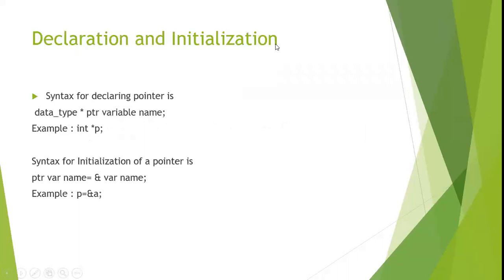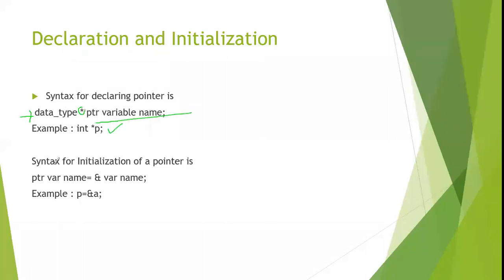Now, how do we declare and initialize the pointer? The declaration says data type, asterisk symbol, pointer variable name. So it is int *p. We normally call it int star p.